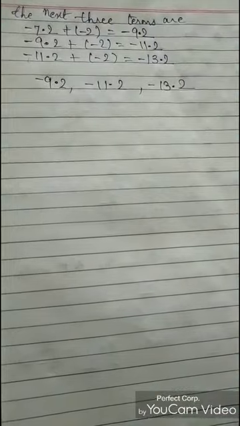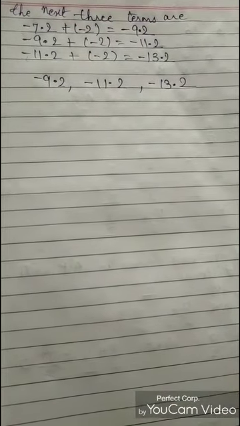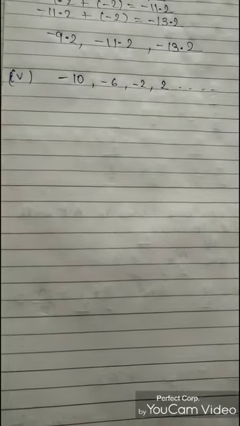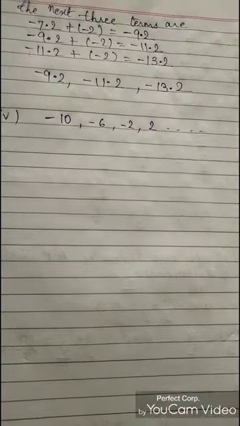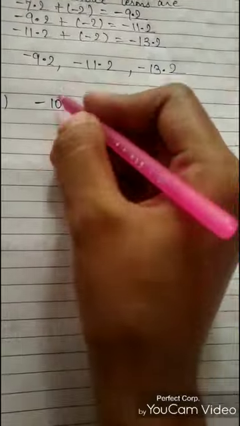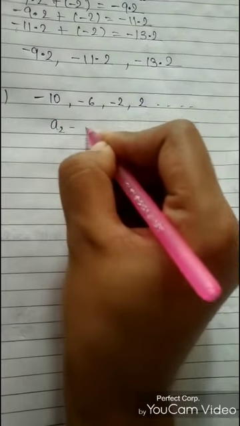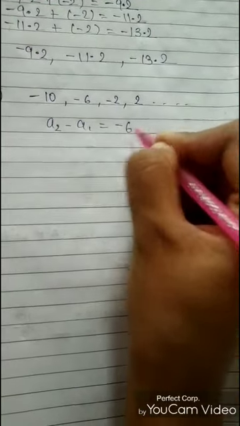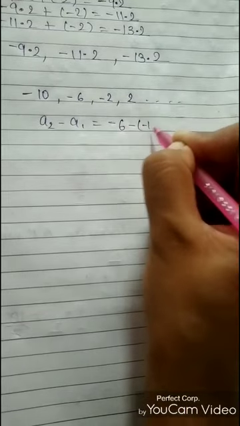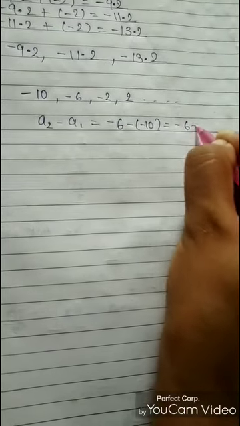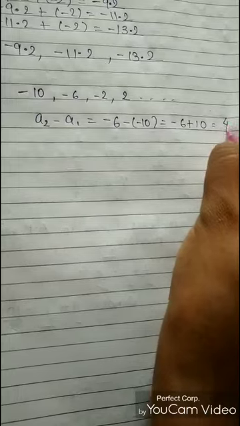Now going for the next question, question number 4. The terms are minus 10, minus 6, minus 2 and 2. So here again first A2 minus A1, that means minus 6 minus of minus 10, that means minus 6 plus 10. So the answer is 4.